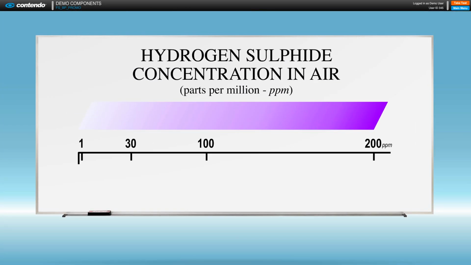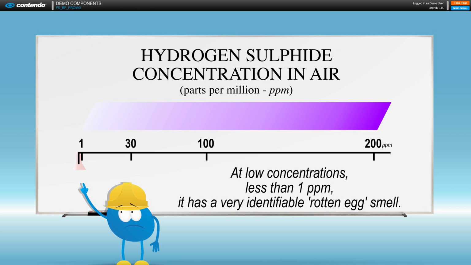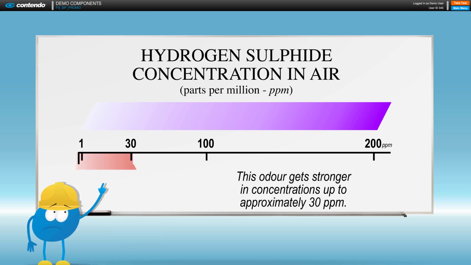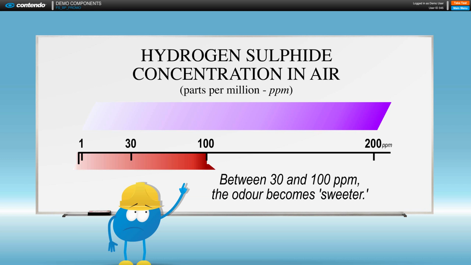H2S is colorless and flammable, with specific odor characteristics depending on the concentration. At low concentrations, less than 1 part per million, it has a very identifiable rotten egg smell. This odor gets stronger in concentrations up to approximately 30 parts per million. Between 30 and 100 parts per million, the odor becomes sweeter.